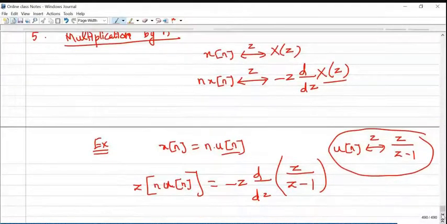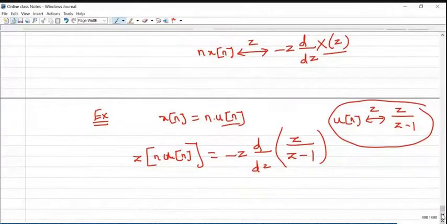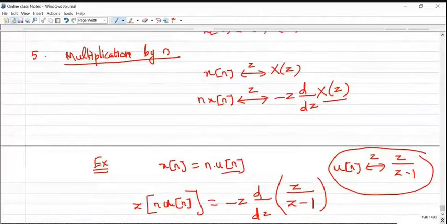Differentiate with the help of the u by v formula and simplify it. So we'll get z divided by z minus 1 first. Just an example of how to use this property, differentiation in frequency domain.